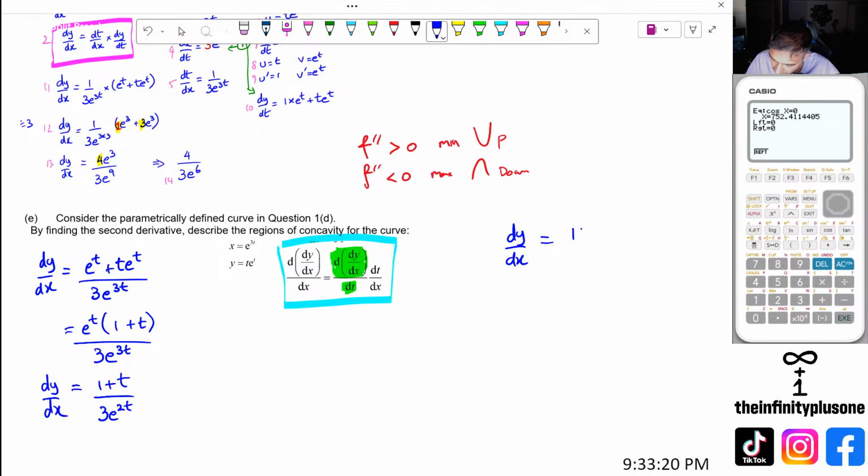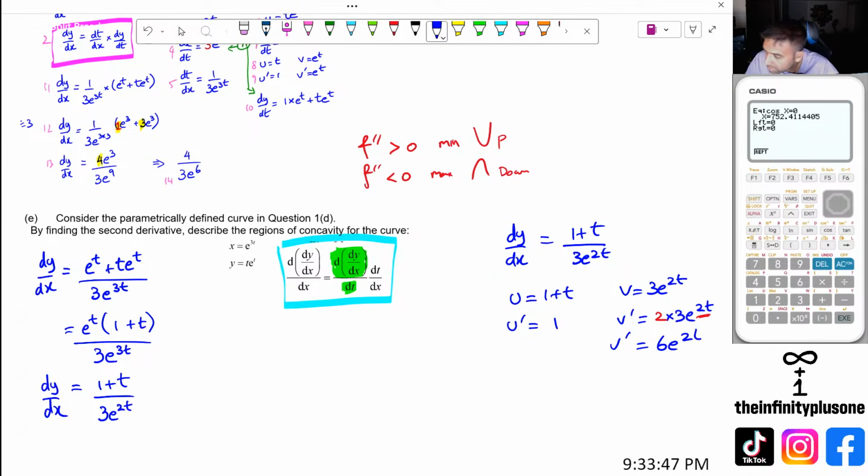This is going to be (1 plus t) over 3e^(2t). Now I need to use quotient rule for this. So u is going to be 1 plus t, v is going to be 3e^(2t), u dash is going to be just 1, v dash is going to be 3e^(2t) multiplied by differentiation of the power, which is 2. So v dash is equal to 6e^(2t).